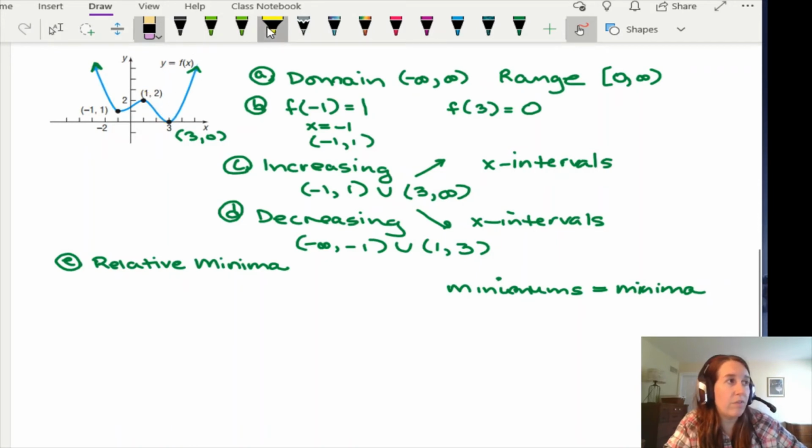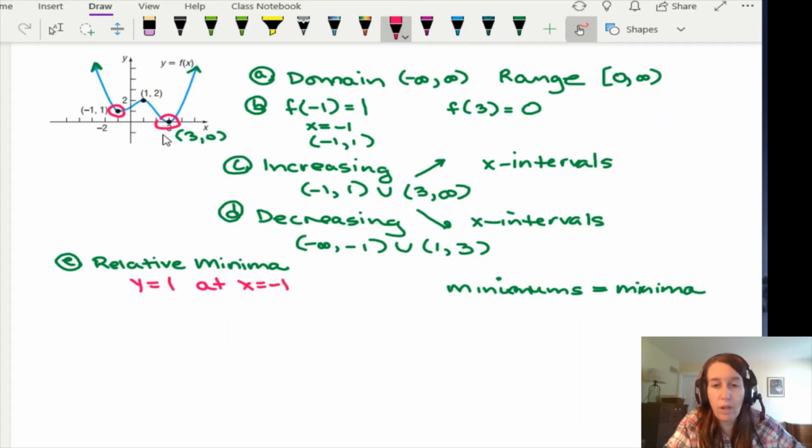To find minimums on the graph, we're going to look at the little valleys, the bottoms of hills. Here's one, and here's one. The relative minima, and then it's the y value. So the relative minima would be y equals 1, and then you say where it occurs, at x equals -1.